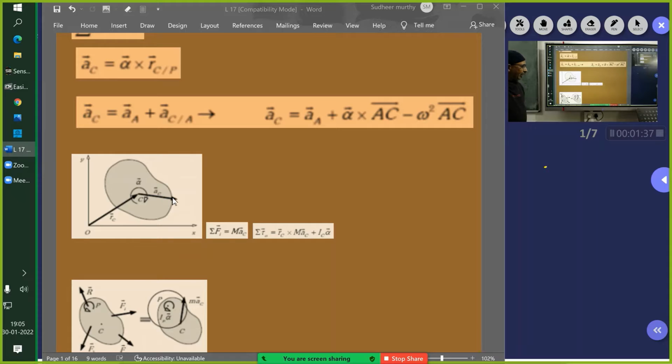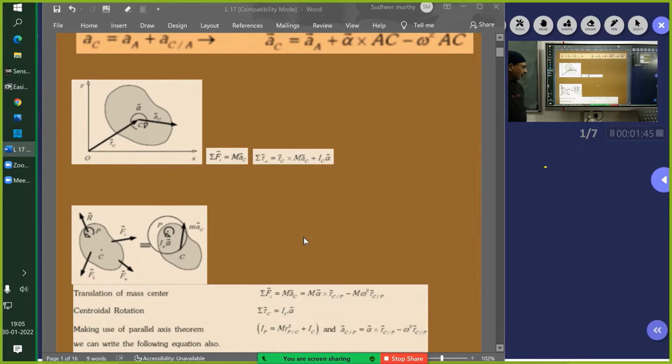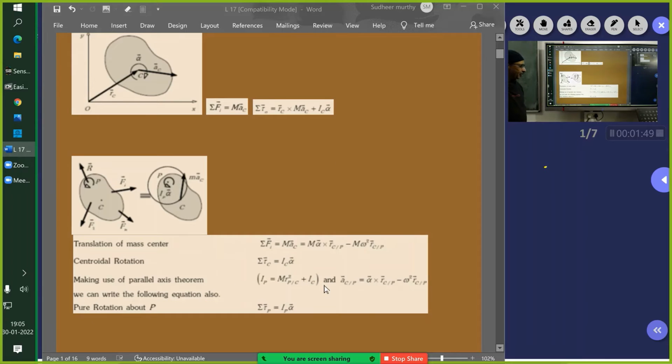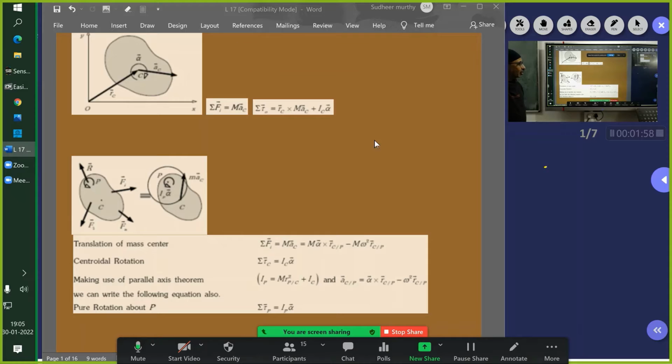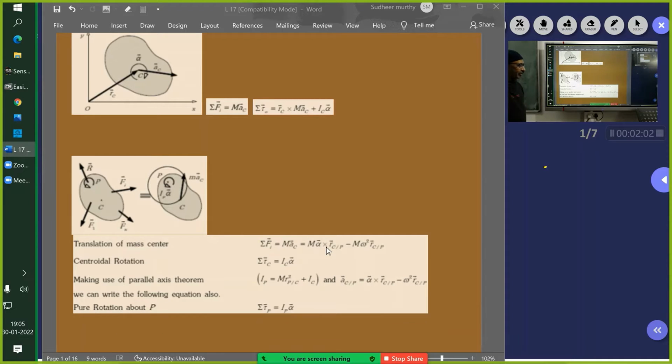And this net vector, when you look at it from this point through this vector RC bar, you will get this term. So this equation, of course, summation F bar is equal to m AC, and AC, as you can see here, is the vectorial sum of the tangential component plus the radial component.